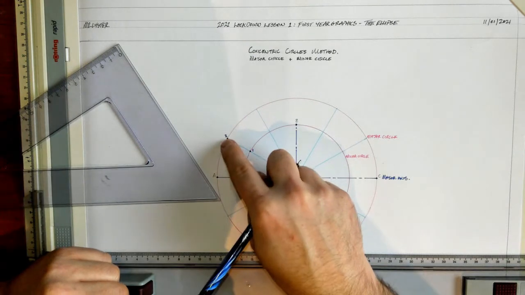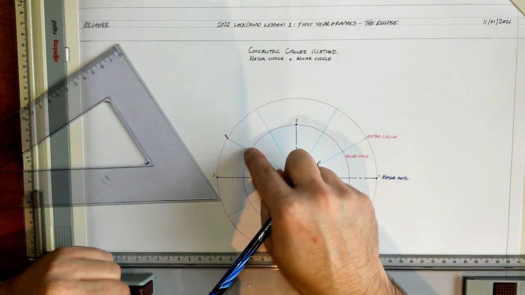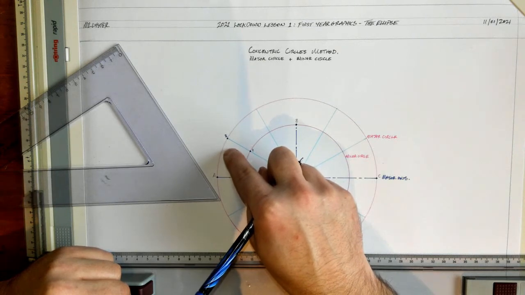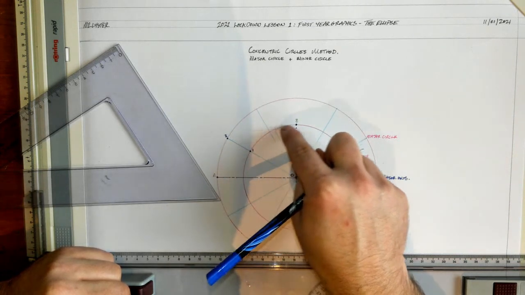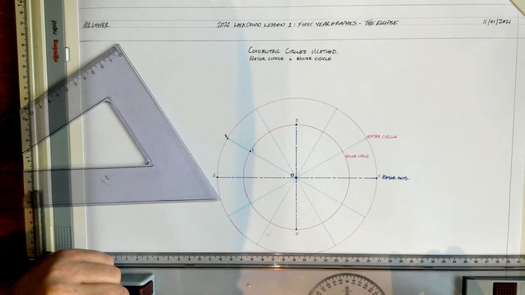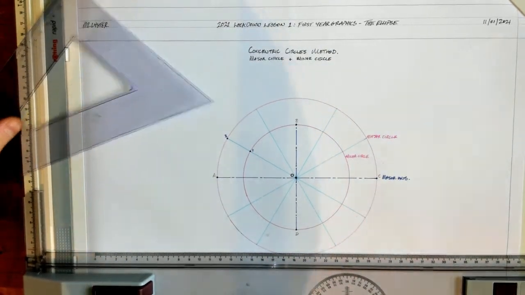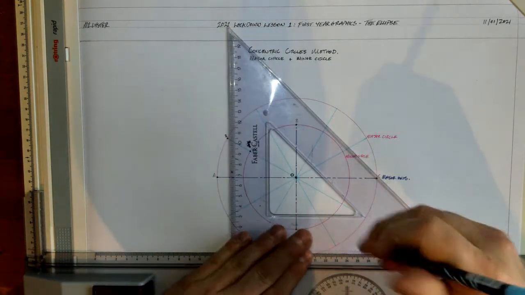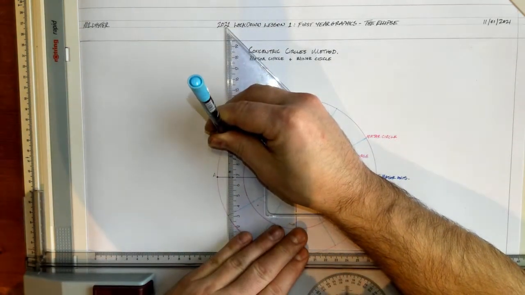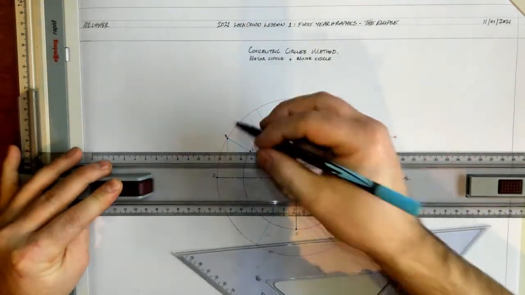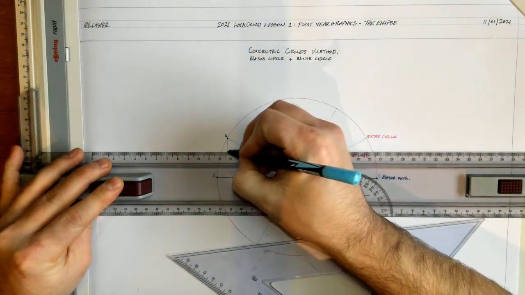And what I want to do is form a little triangle here. 1, 2, and then a point 3 somewhere here. And that point 3 is going to be the point that is contained on the curve of the ellipse. So, what I do is draw a line from point 2 straight down to meet a line coming across from point 1 straight across.